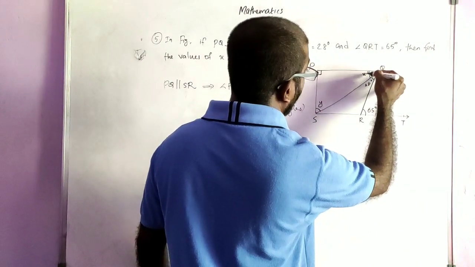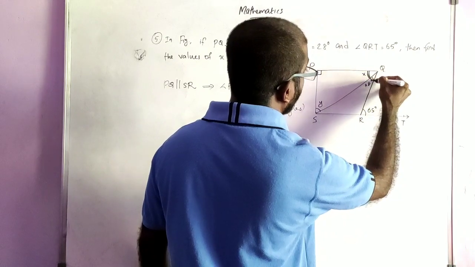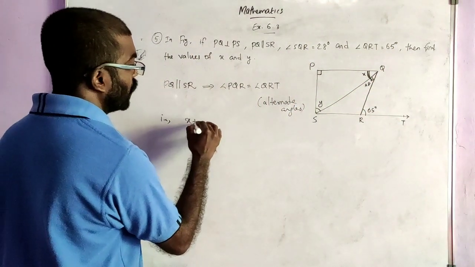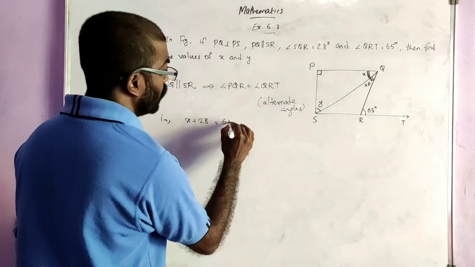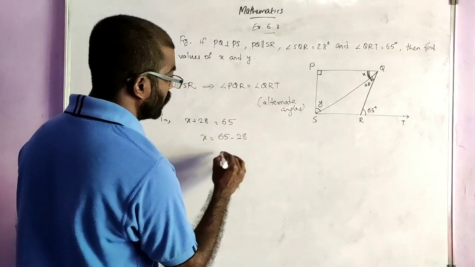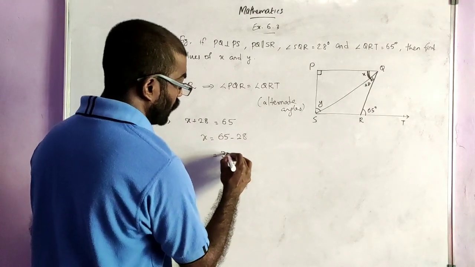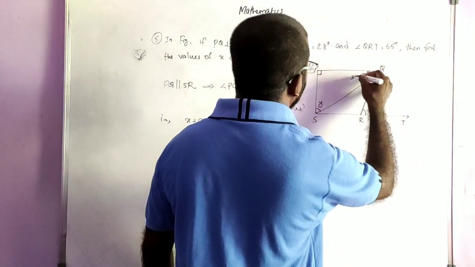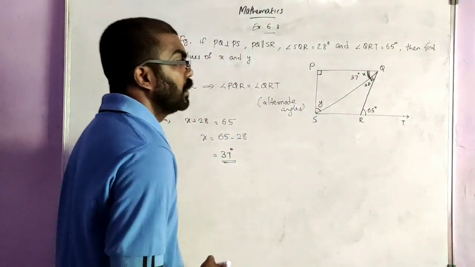Angle PQR is the sum of these two angles, X plus 28. That is X plus 28 equals 65, or X is equal to 65 minus 28, which is equal to 37 degrees. So here the value of X is 37 degrees.